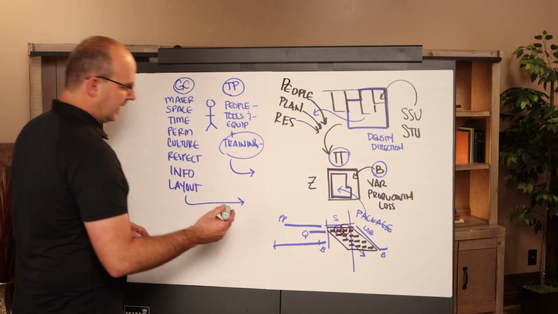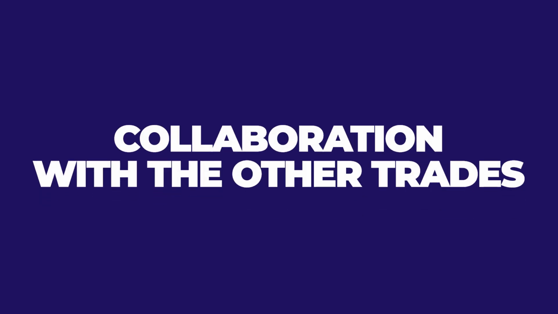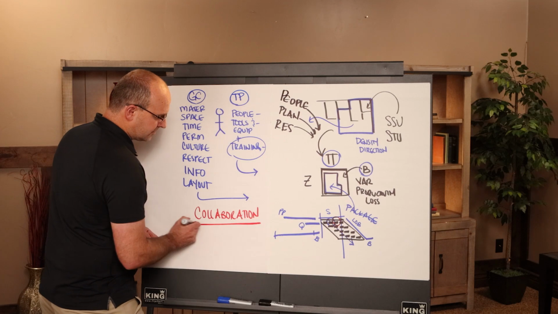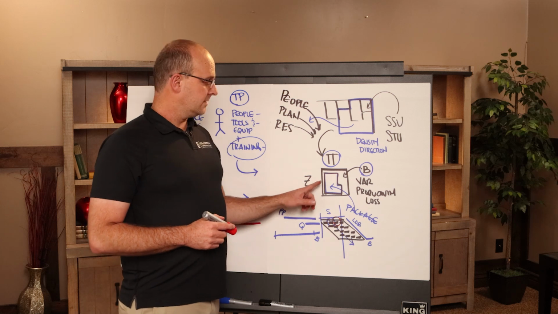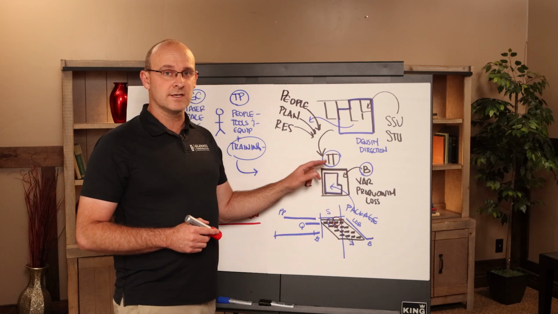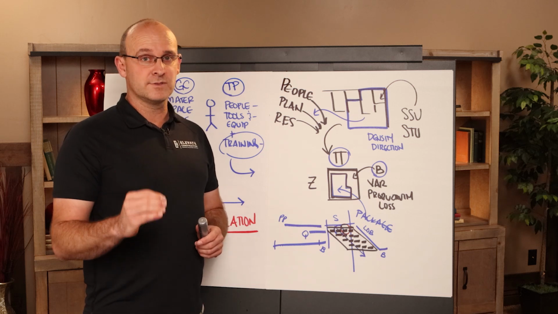So we've also got to add to this list collaboration with the other trades. This collaboration ensures that when this trade partner comes into this zone and does this work package within this takt time, everything is demobilized, they have what they need, and it's an empty open space where they can do their work.